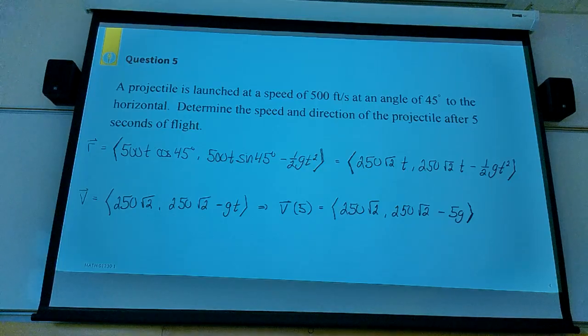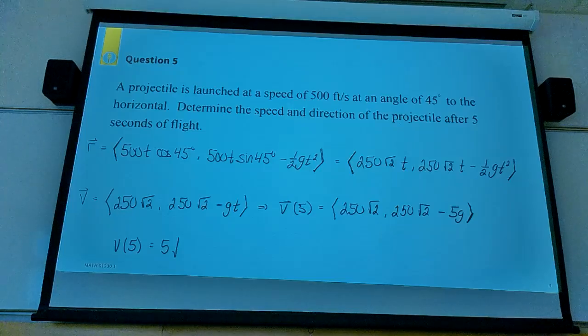So after 5 seconds, that would be the projectile's velocity vector. Well, speed is just that magnitude, right? Make things simple. There's a 5 common. Factor it out.